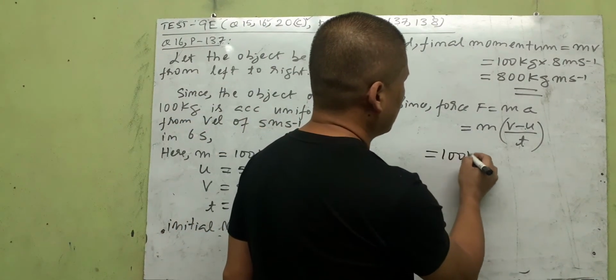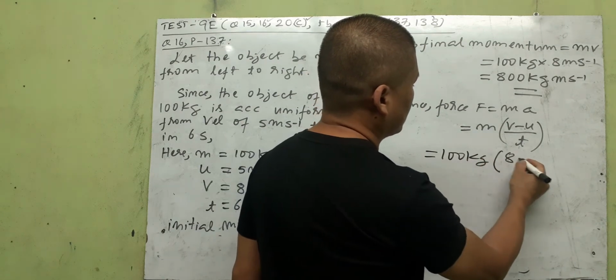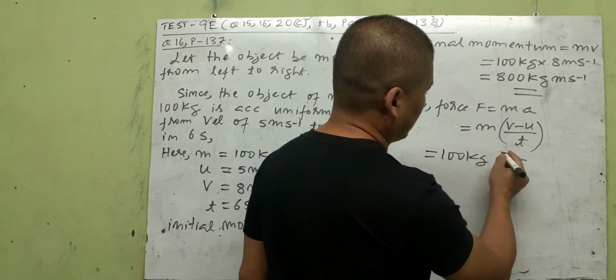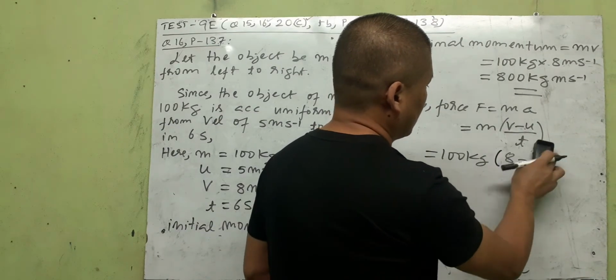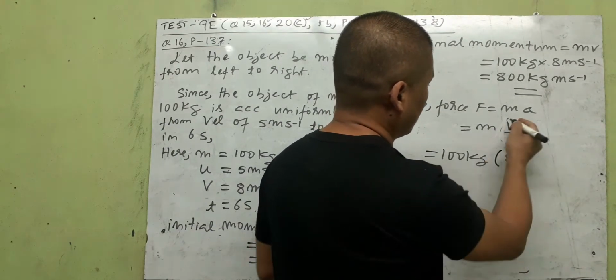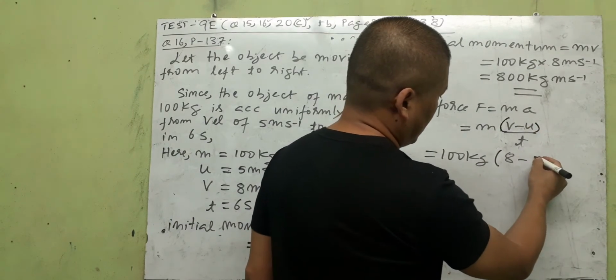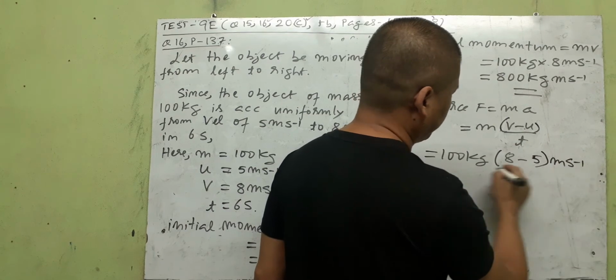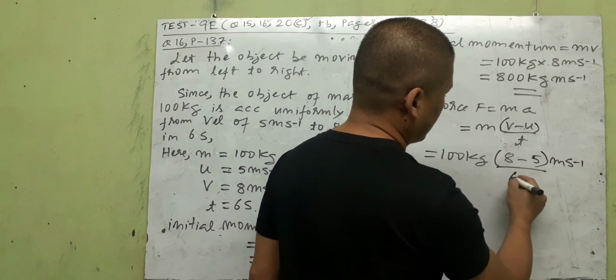Mass is 100 kg. Final is 8 minus u, we can just put bracket on the numerator, that's enough, I think. Denominator also fine, but we don't need it. So here u is 5, and meter per second can come out as common, divided by t is 6 seconds.